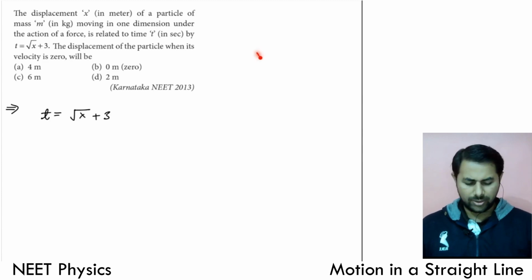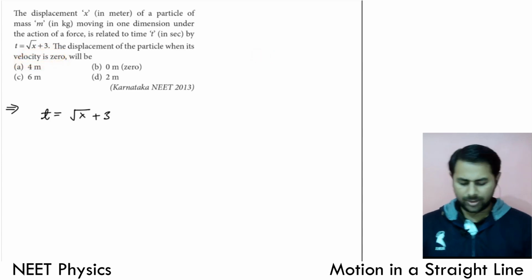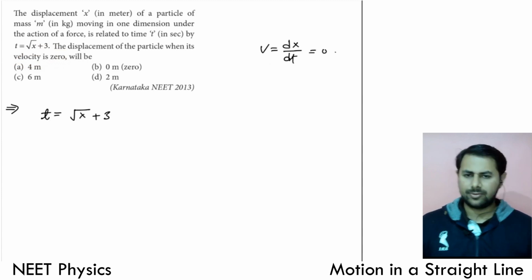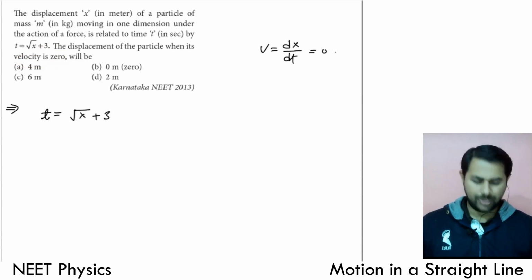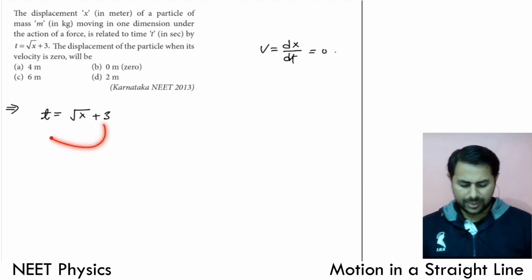So in order to find out velocity, okay, they are saying velocity is 0. First of all, what do you need to do? You know that velocity is 0 means dx by dt will be equal to 0, right? So first of all, you need x. So for that, find out x. Okay, so take that 3 on this side.